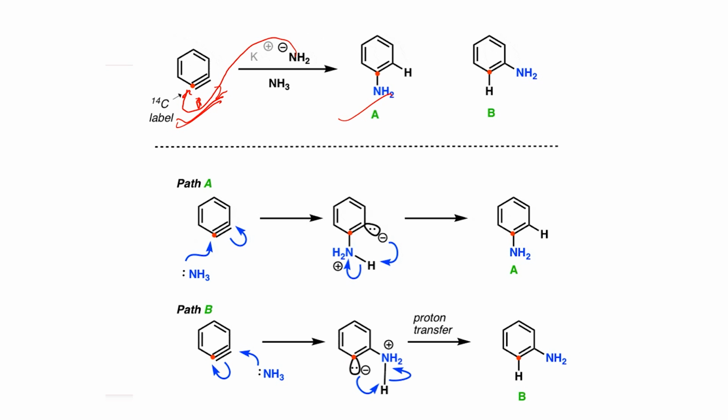So, the attacking group can first come and attack at the first position, and the hydrogen attaches to the second position, resulting in formation of this A product.